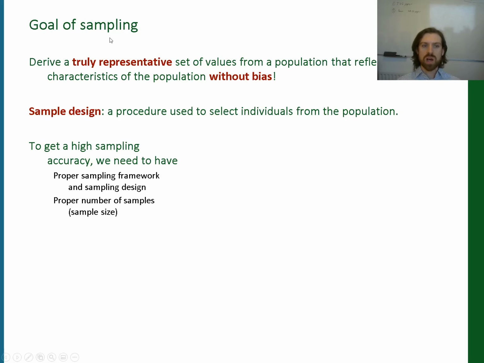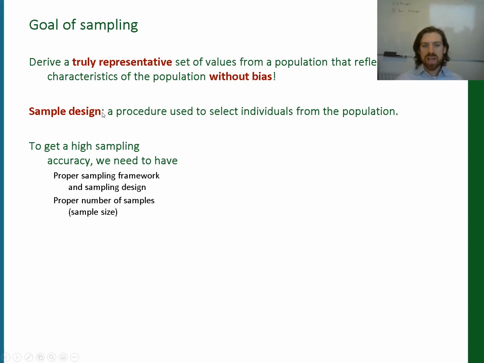Okay, so the goal of sampling is to derive a truly representative set of results which hopefully mitigate bias, or you're never going to eliminate all bias in the sample, but you want it to be within an acceptable range. So hopefully you're able to minimize the level of bias within your sample.